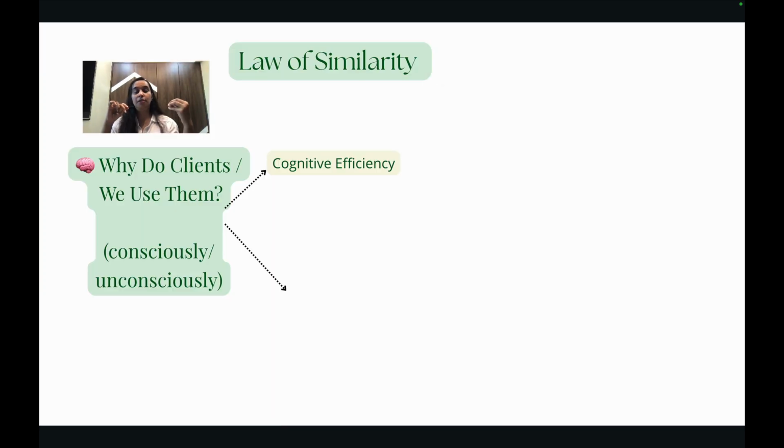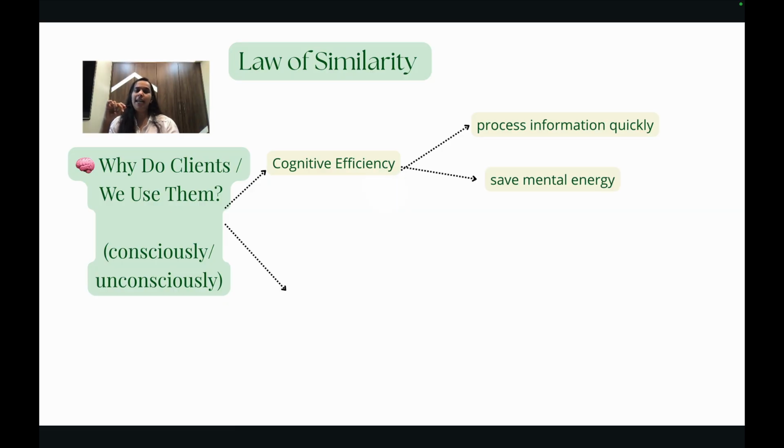The first reason we use it is cognitive efficiency. The mind loves using shortcuts, processing information very, very quickly. It loves to save mental energy. It doesn't want to sit and overthink, it just wants to feel safe and protected.